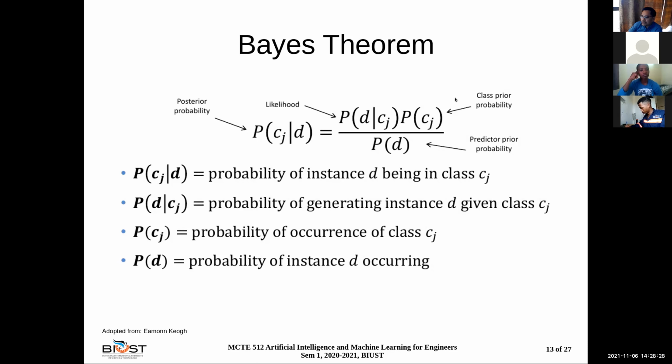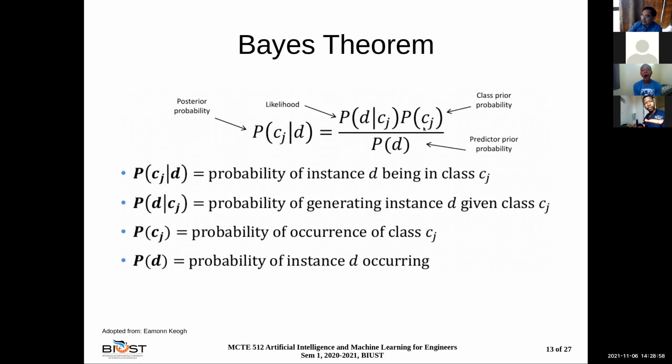So now, this is the Bayes theorem, which we have already discussed many times in the previous meetings. We say that the posterior probability is the probability after a certain event, given the likelihood and the class prior probability, the probability before the event.